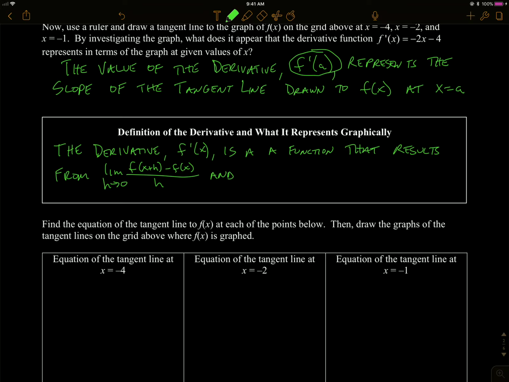That's called the difference quotient. And that can be used to find the slope. Remember, slope just means rate of change. When we're not talking about graphs, we're talking about the rate of change of any tangent line drawn to the graph of f.